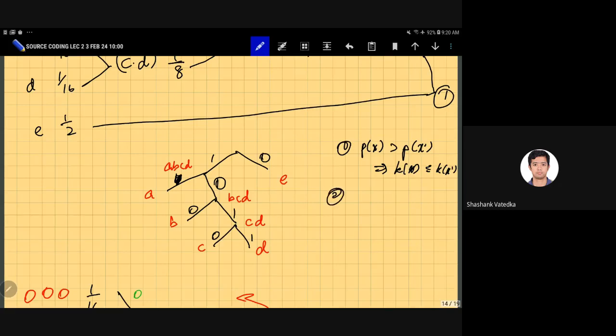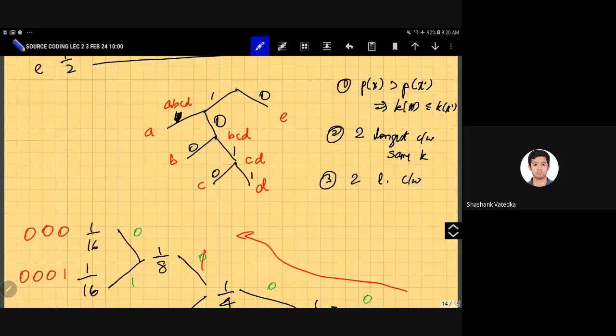Secondly, the two longest code words have the same length, and the two longest code words differ only in the last bit, and they correspond to the least likely symbols.